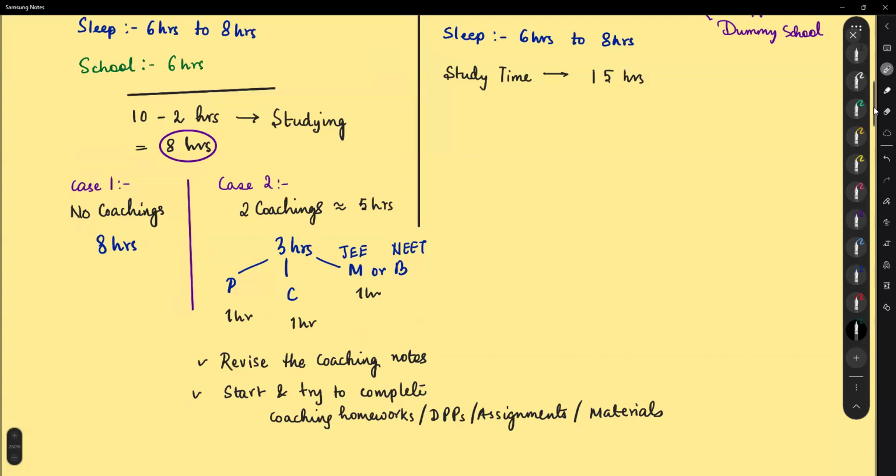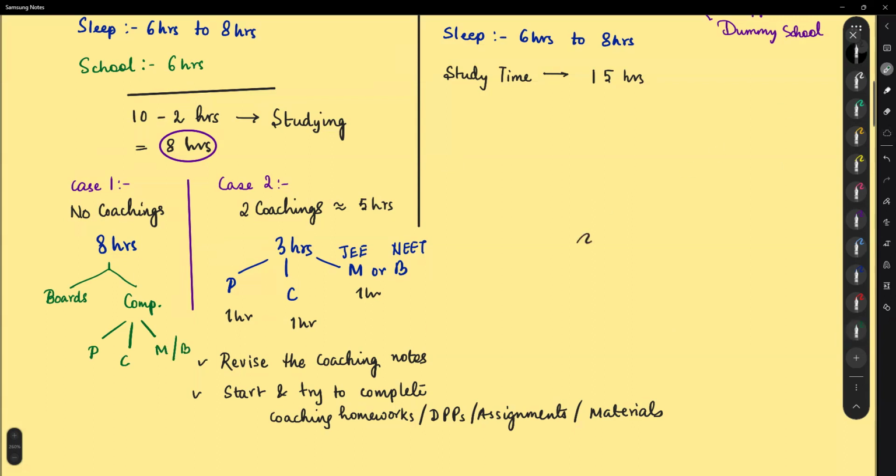And before dividing into 3 parts, I would divide it into 2 parts. That is, firstly, boards, and then competitive. Okay. And competitive will have 3 parts, just as I said: P, C, M, or B.